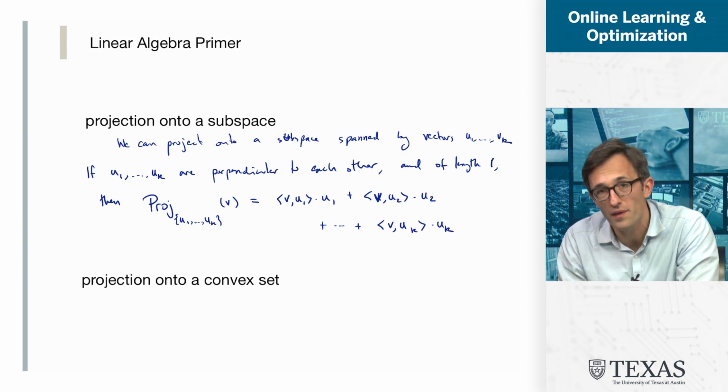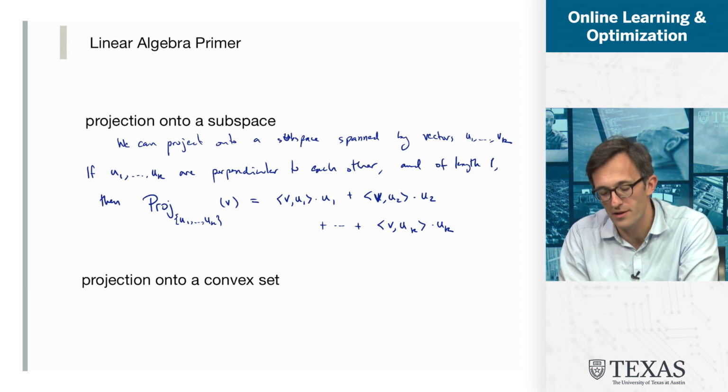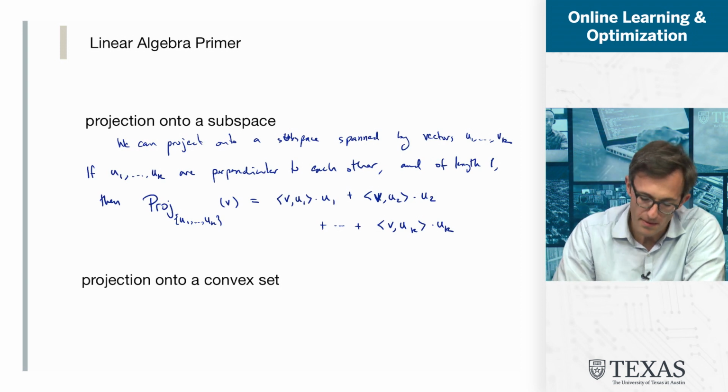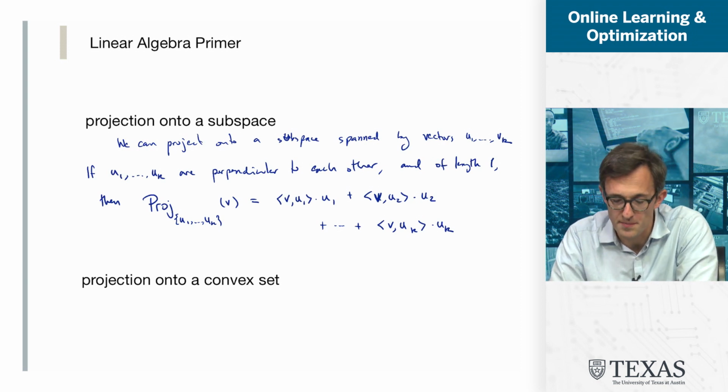When k is equal to 1, this is exactly what we had before, but again, I don't have to divide by the length squared of u because I just assumed that it was equal to 1. So this is how we project onto a subspace.